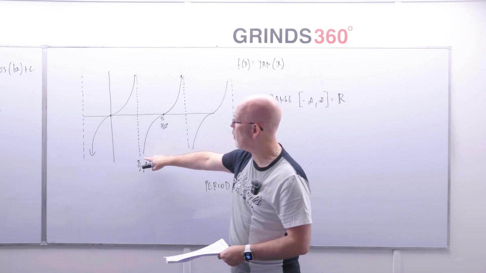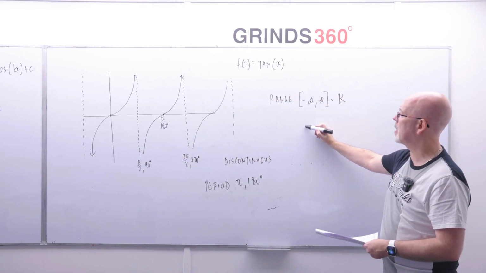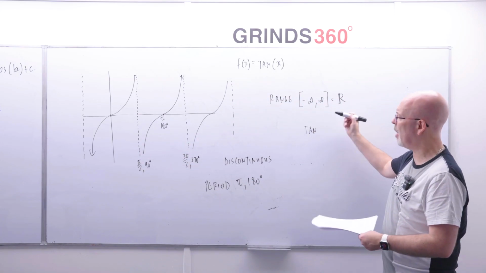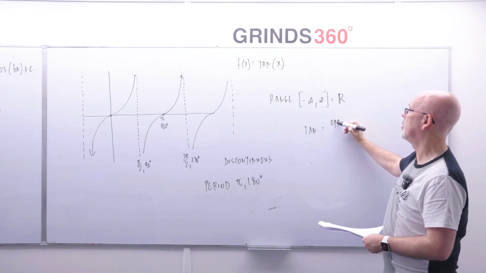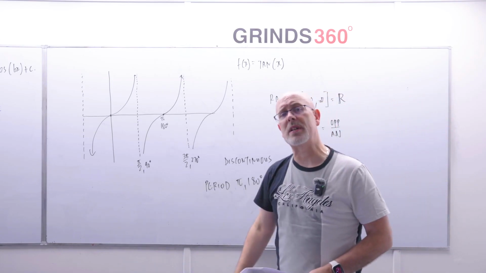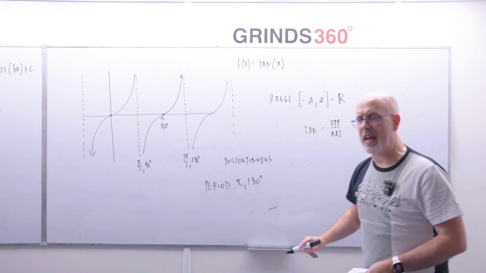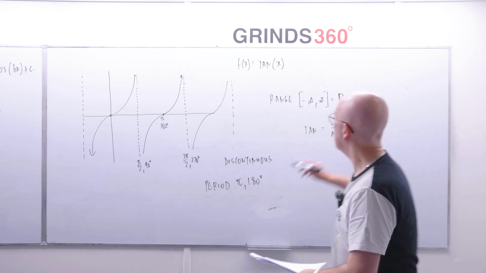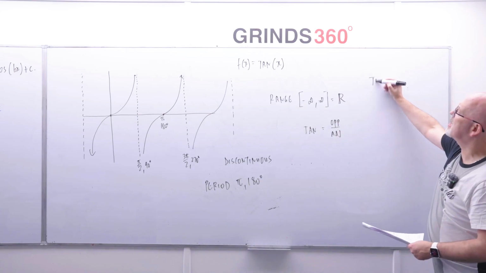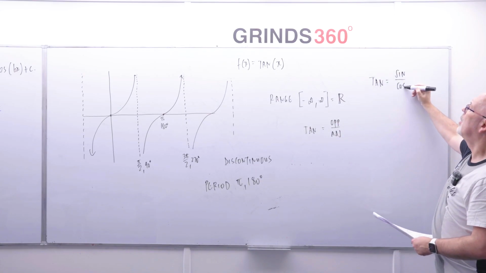Now, the reason why we don't get any value at 90: if you remember, tan of any angle is opposite over adjacent. Another way of thinking about that is that the tan of any angle can also be written as sine over cosine.